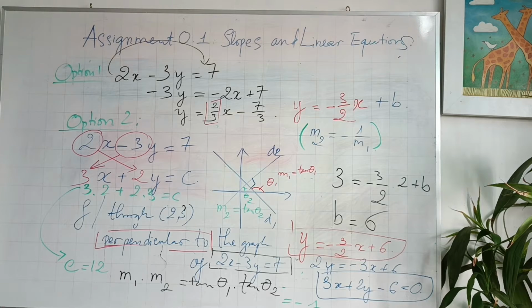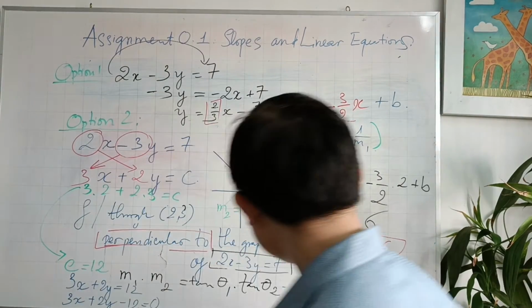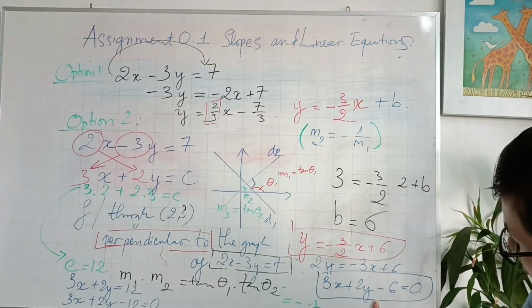So the last answer is 3x plus 2y equals 12, and we move the number 12 to the left side, and we have the general form 3x plus 2y minus 12 equals 0. It is the same. Oh no, maybe it is wrong.